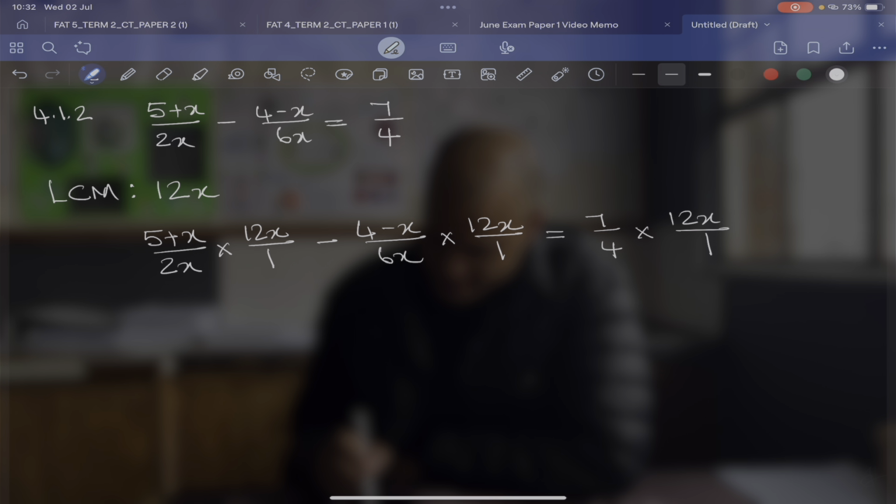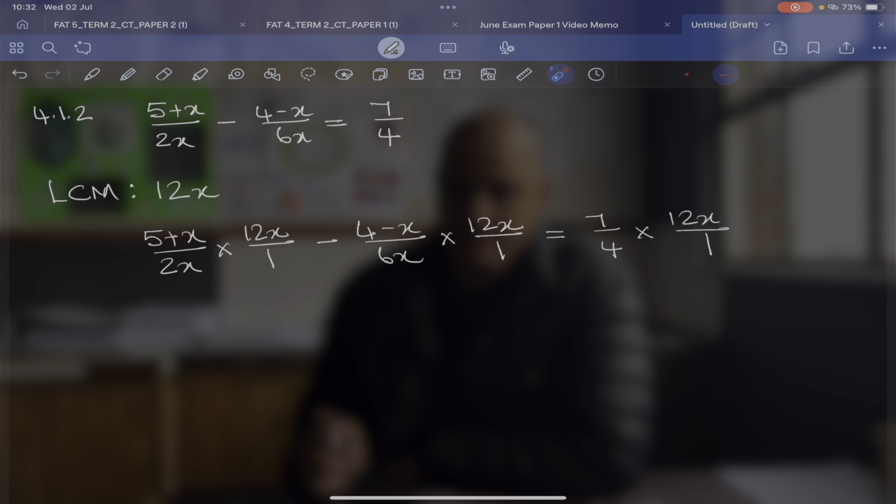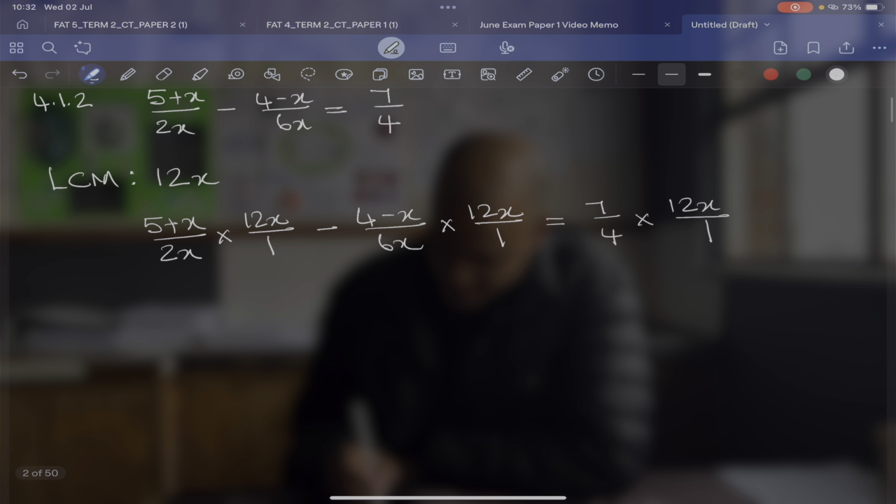So now my 2x can divide into the 12x, so 12x divided by 2x will be equal to 6, and that will then result in an answer of 6 in the numerator multiplied with the 5 plus x.